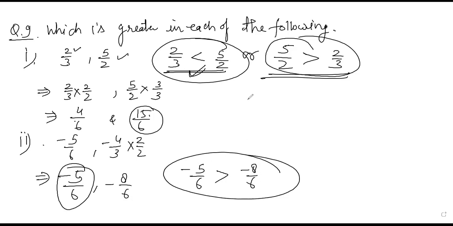So this way you will solve the third question also. Wait, I will try to solve it. -3/4, comma 2/-3. Firstly, you need to write in standard form, -2/3, and then multiply.